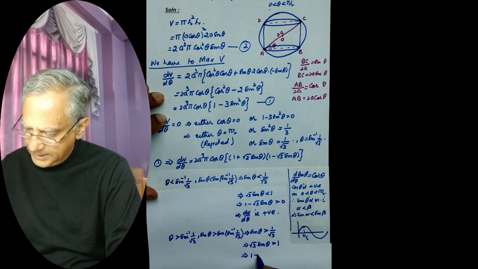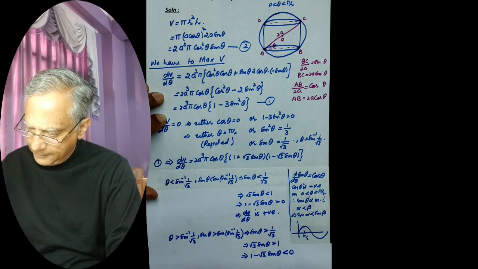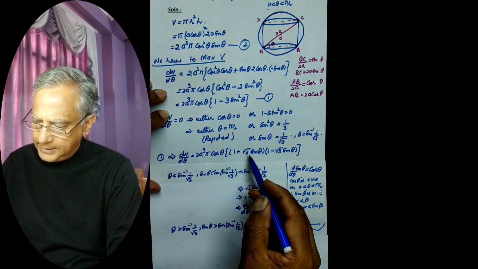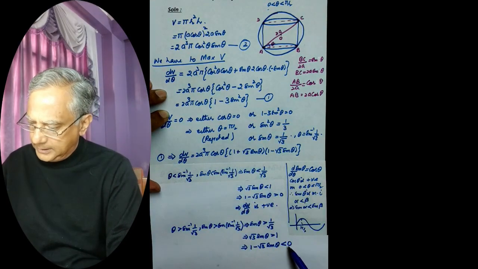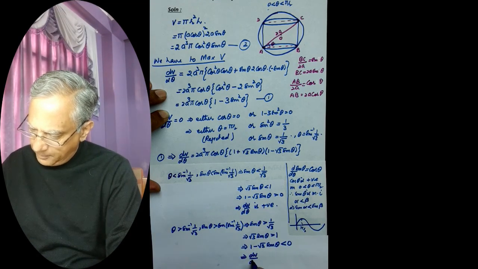And this implies 1 minus root 3 sine theta is less than 0. Now in the first quadrant, this is positive, and this is negative. Therefore, dV by d theta is negative.